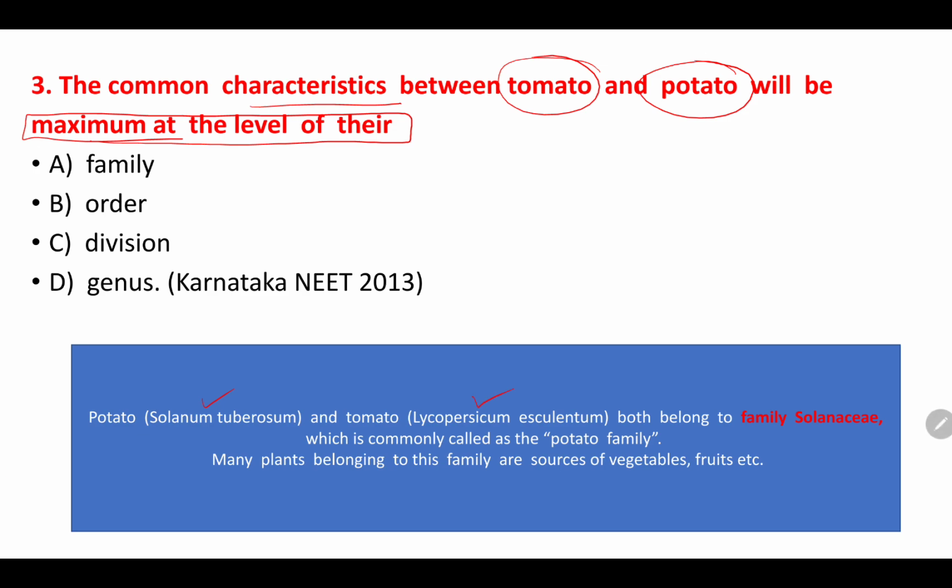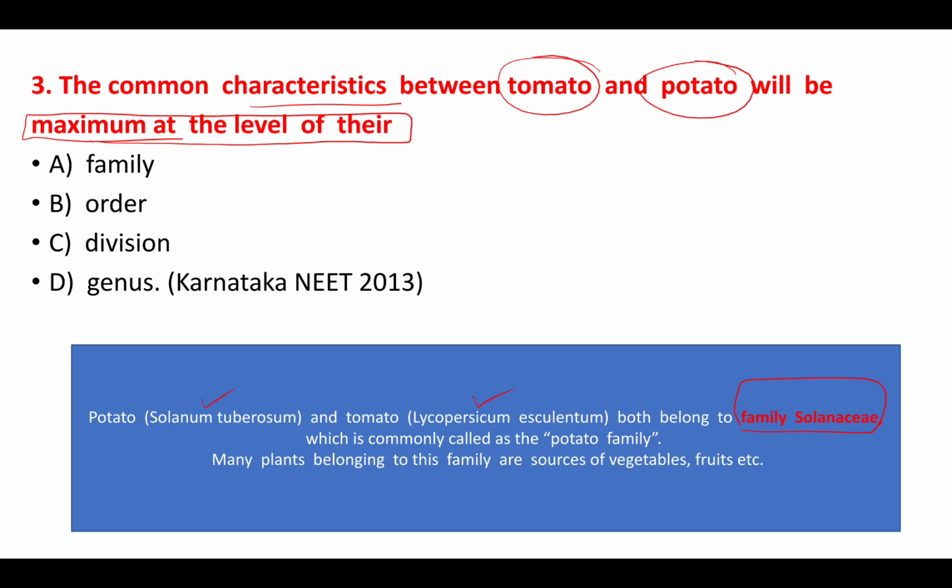They both belong to the same family and that is family Solanaceae. Commonly known as what? Potato family.